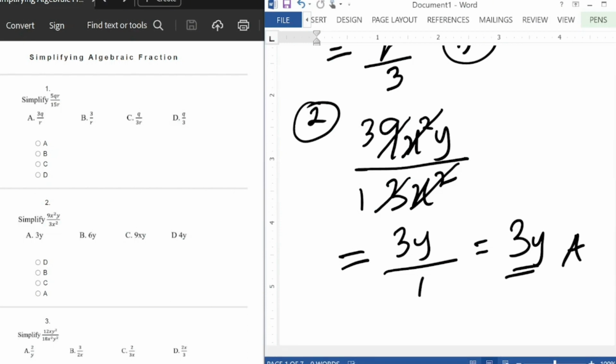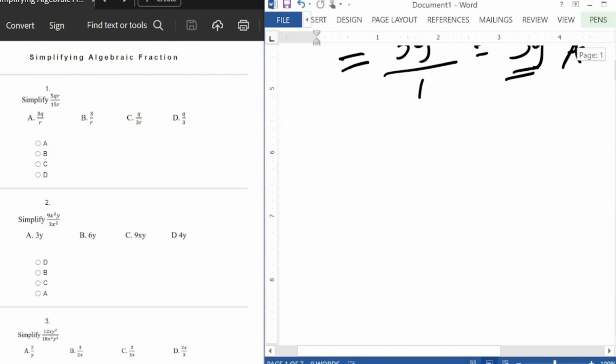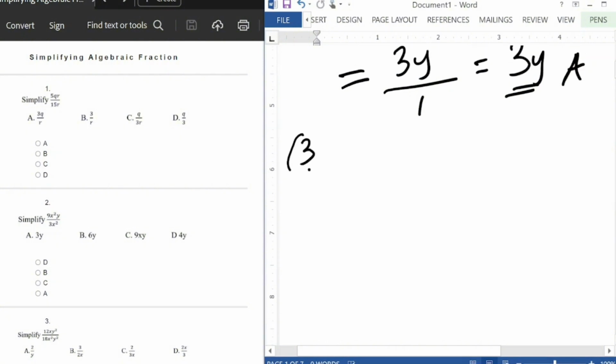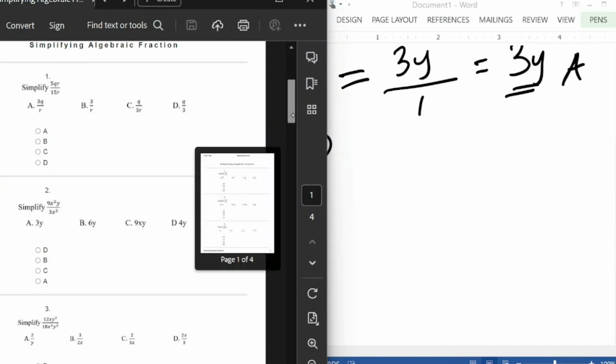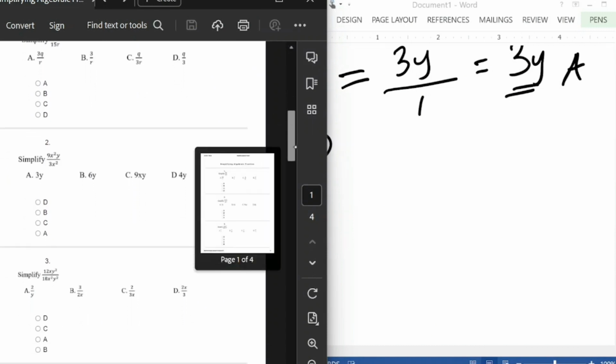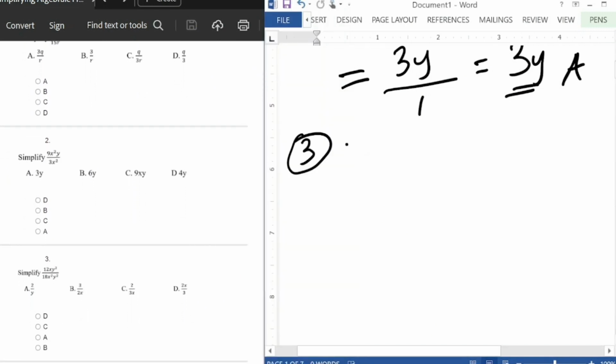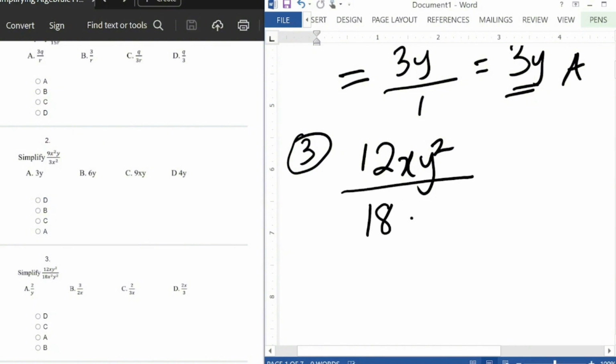Alright, so we move to the next one, number 3. So we're going to simplify this. So we have 12x y squared divided by 18x squared y squared.